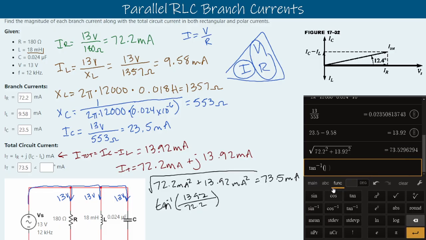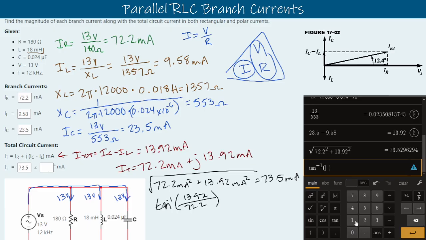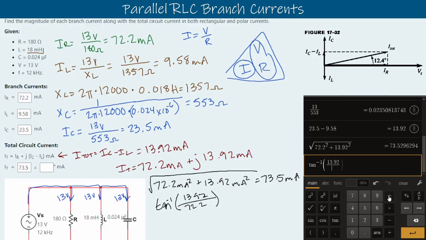So function inverse tangent 13.92 divided by 72.2. Make sure you're in degrees for this one, because if you're in radians, it's going to calculate incorrectly. So make sure your calculator's in degrees. 10.9 is what we get for that. 10.9 degrees. We'll plug that in for our final answer, and we'll verify at the bottom.